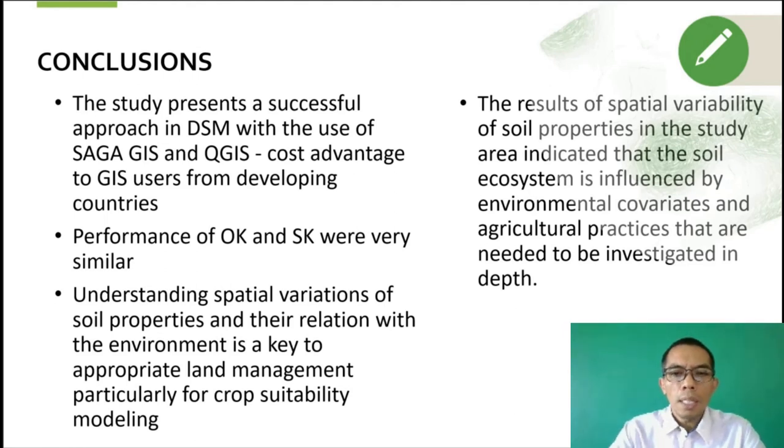Third, understanding the spatial variation of soil properties and their relation with the environment is a key to appropriate land management, particularly for crop suitability modeling, and can also be adapted very well in coming up with a comprehensive land use plan. Fourth, the results of spatial variability of soil properties in the study area indicated that the soil ecosystem is influenced by environmental covariates and agricultural practices that need to be investigated in depth.